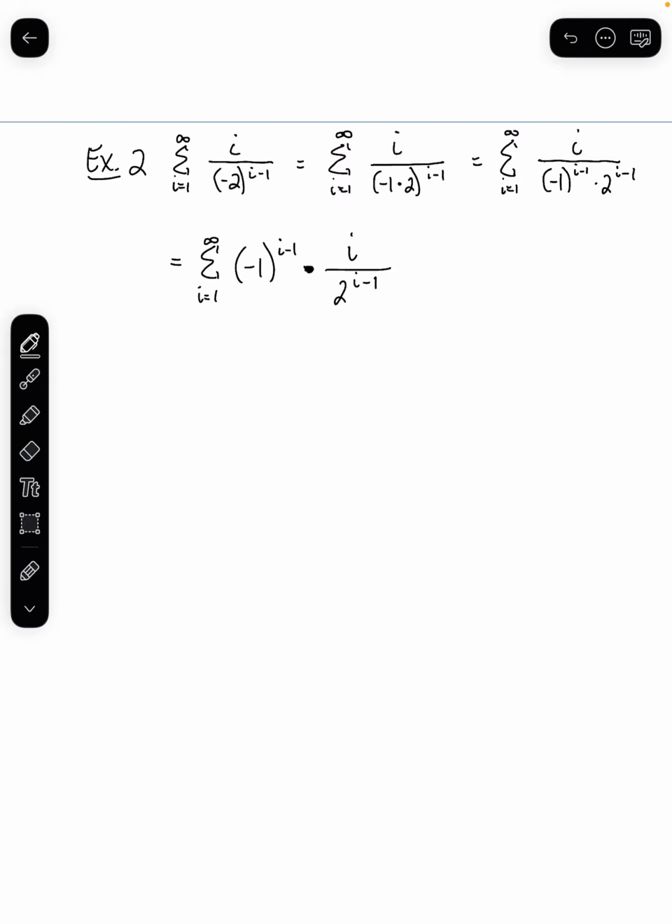In this case, when I is 1, we have negative 1 to the 1 minus 1, or negative 1 to the 0, is equal to positive 1. So what this tells us is the first term is positive.